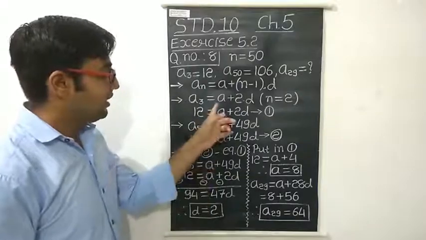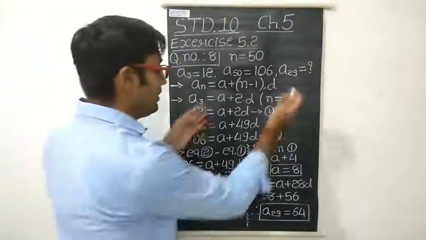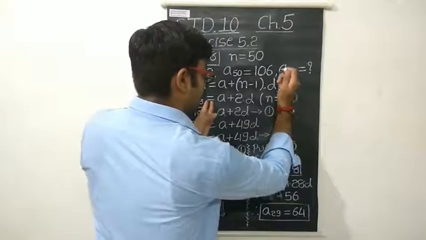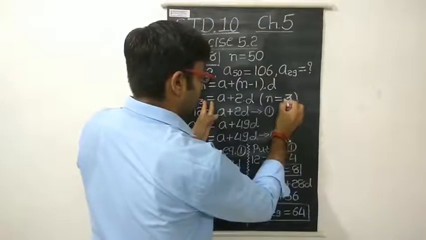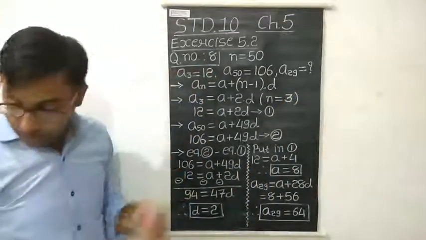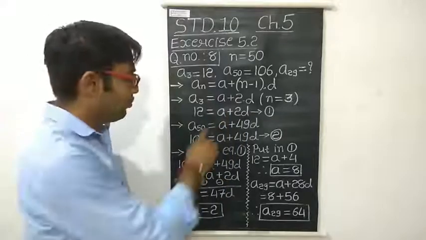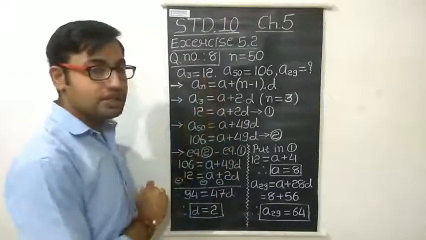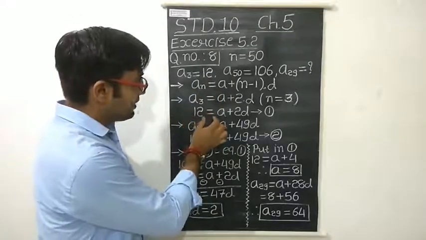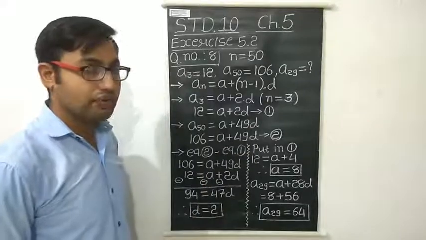Here n is 3, so n minus 1 is 2, times d. We have the value of a3, so put a3 equal to 12. We get 12 equals a plus 2d. Call this equation number 1.